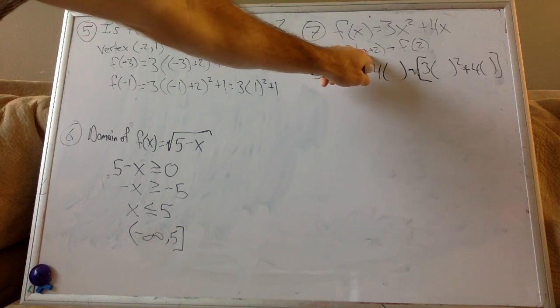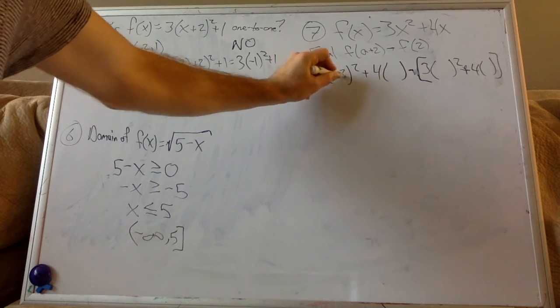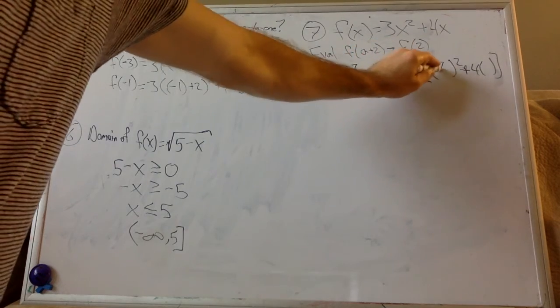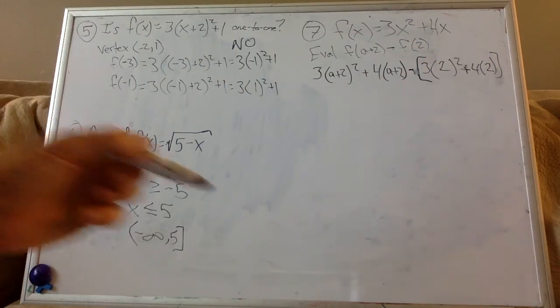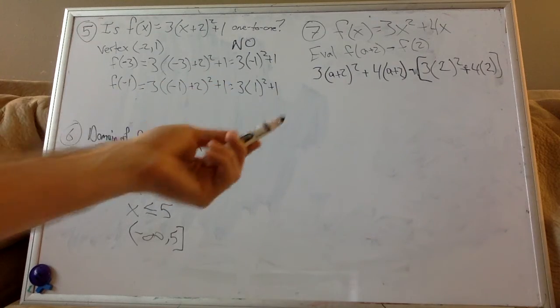So here, a plus 2, and a plus 2, and here just 2. All the bit that I'm subtracting is just going to end up being a constant, so we can work that out pretty easily. We get 2 squared, which is 4, and 4 times 3 is 12.